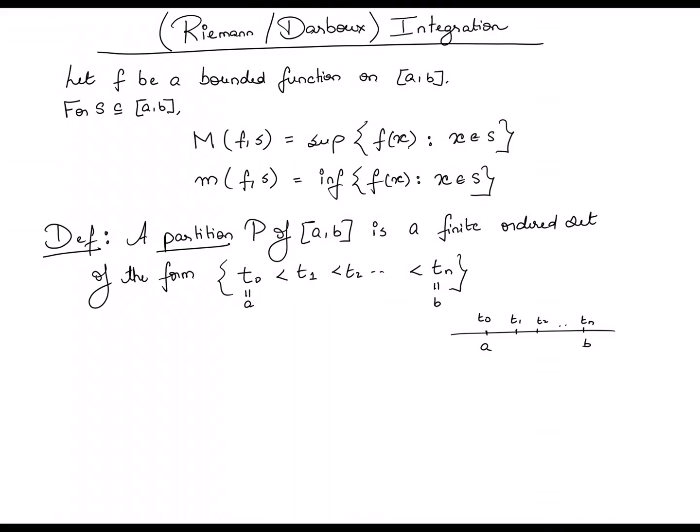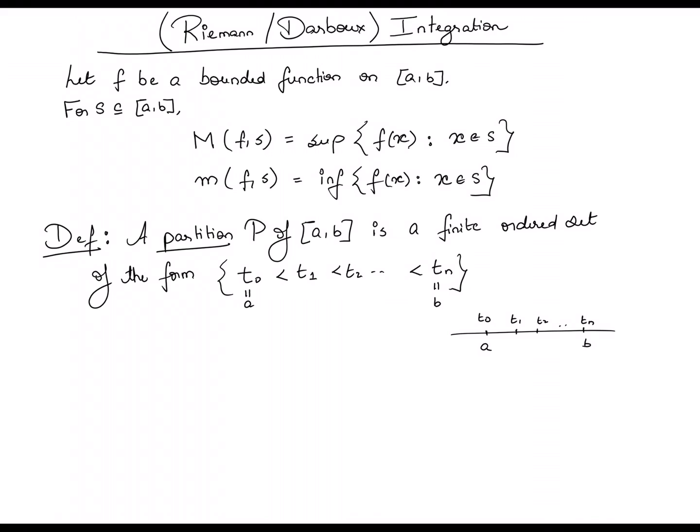So these n+1 points, T0 through Tn, where T0 is the lower endpoint of the overall interval under consideration A, Tn is the upper endpoint, and these remaining points T1 through Tn minus 1 are strictly ordered. They will basically chop up the interval AB into n subintervals, right? So such a chop, if you will, is called a partition, right?